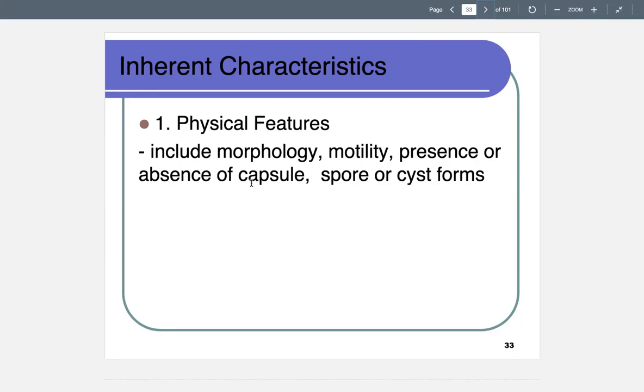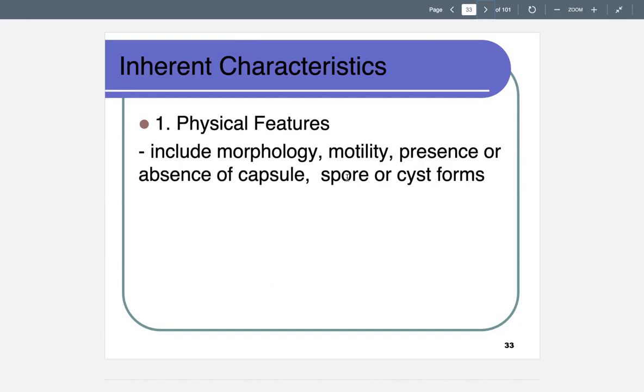And then also kasi class yung capsule na yan, that could serve as a parang shield ng mga organisms. Minsan yan ang nagre-resist, ang capsule ang nagiging dahilan kung bakit mayroong resistance sa antibiotic.